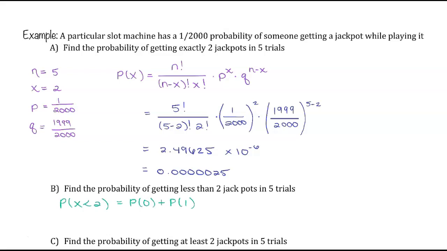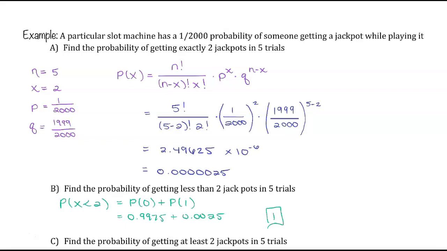But when you walk through these steps, the probability of getting no jackpots in 5 trials is 0.9975. And the probability of getting exactly 1 jackpot in 5 trials is 0.0025. Notice that when we add these together, we get 1. Of course, there was some rounding involved in these numbers, but we basically found that there's a 100% chance of getting less than 2 jackpots in 5 trials.